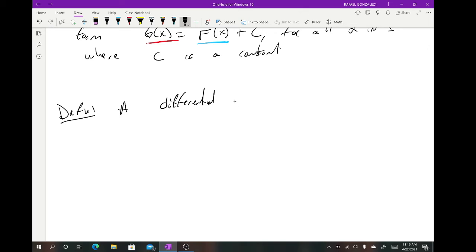is simply an equation that involves x, y, and derivatives of y.